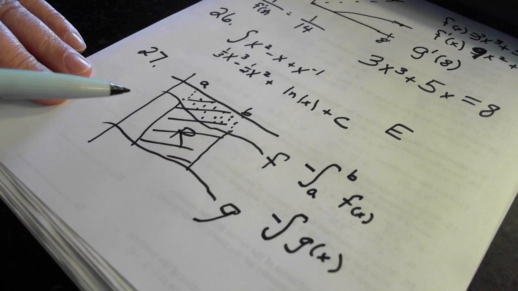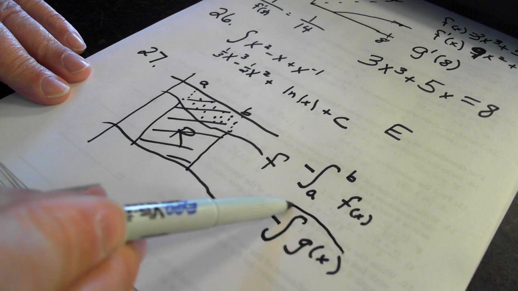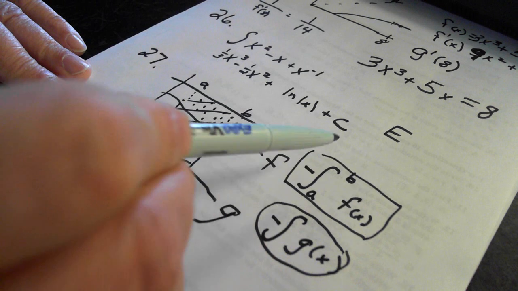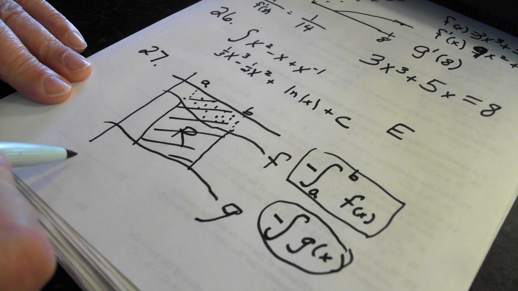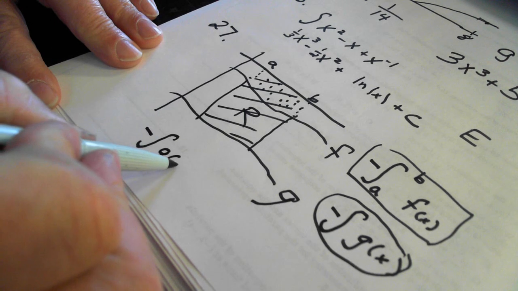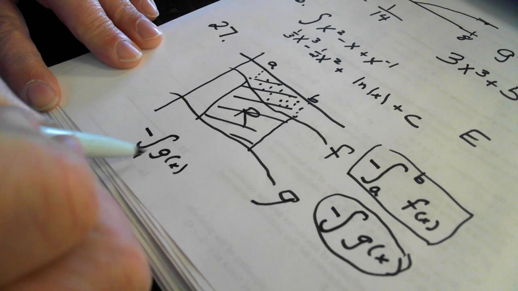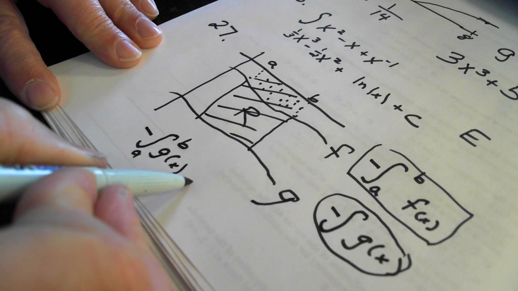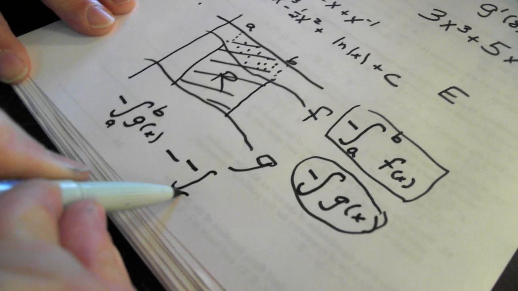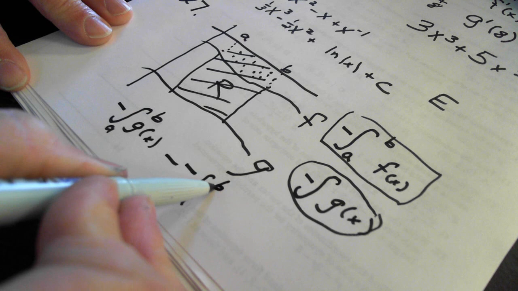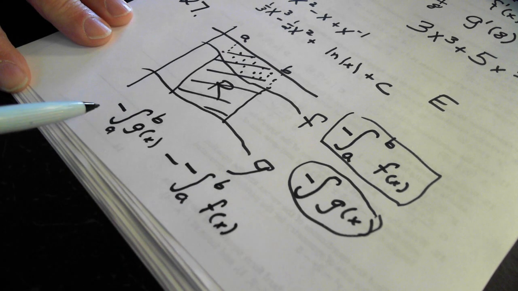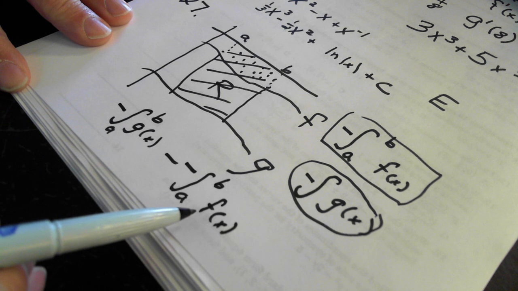So R would be this one minus this one, right? So I'm going to go a minus that, and then subtract the other one. So this would technically give you area R.